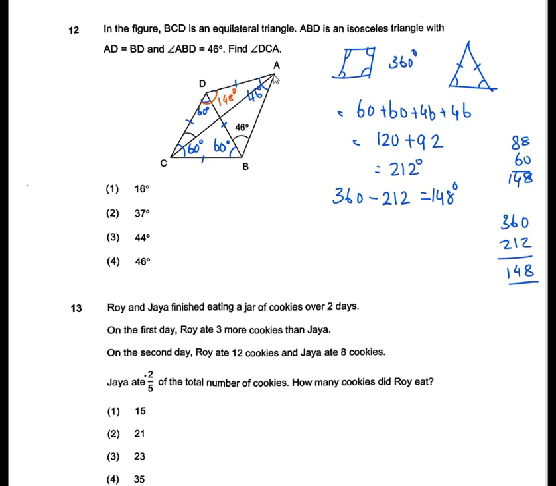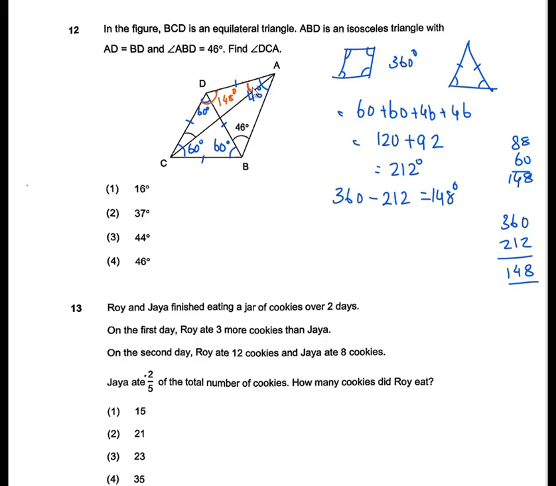Again, if you look at this triangle ADC, this is an isosceles triangle because AD is equal to CD from the information given earlier. AD is equal to CD, which means this angle here that we want to find out is equal to this angle here.